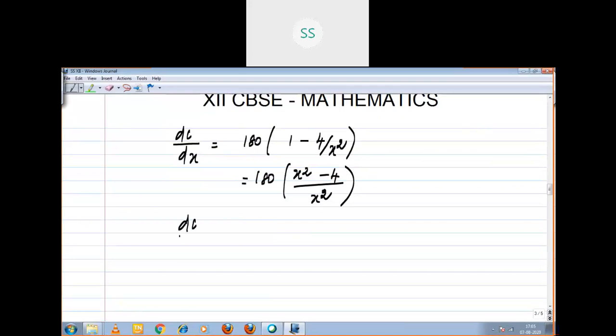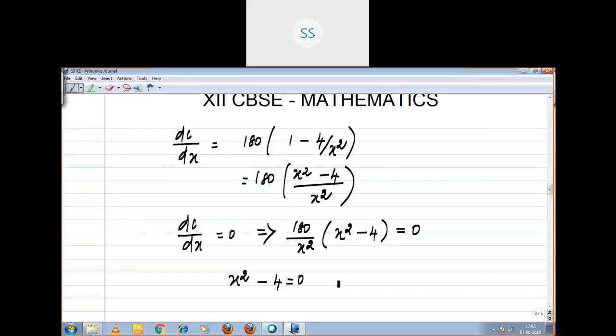dC by dx equal to 0, which implies 180 by x square into x square minus 4 equal to 0. This one can't be equal to 0, so x square minus 4 equal to 0. x is equal to plus or minus 2.